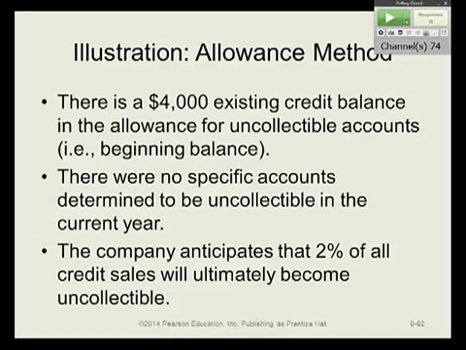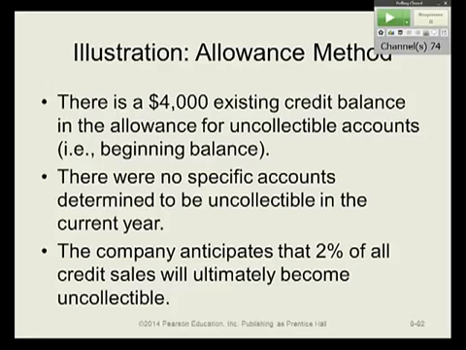And they tell you that the allowance account is estimated by taking 2% of credit sales. So in this case, you're looking at what we would consider to be an income statement methodology. It's going to be an income statement approach.